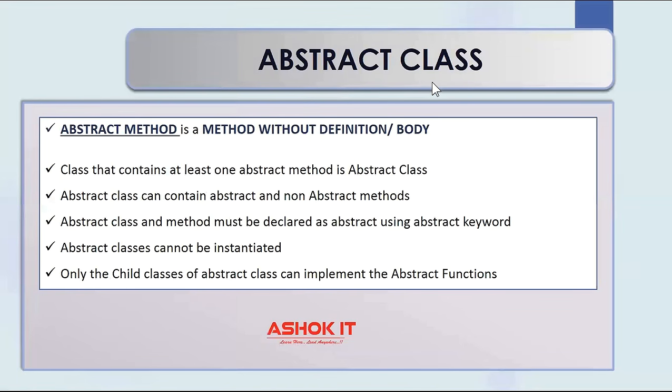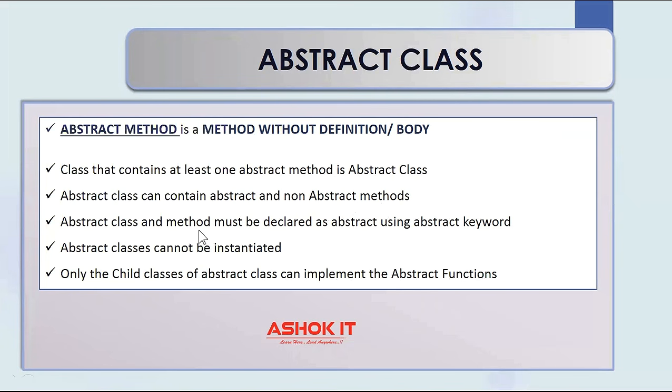An abstract class is a class that contains at least one abstract method. An abstract method is a method without definition or body. So the class that contains at least one abstract method is an abstract class, and an abstract class can contain abstract and also non-abstract methods, that is, methods with the definition and methods without definition, both can be present in the abstract class.